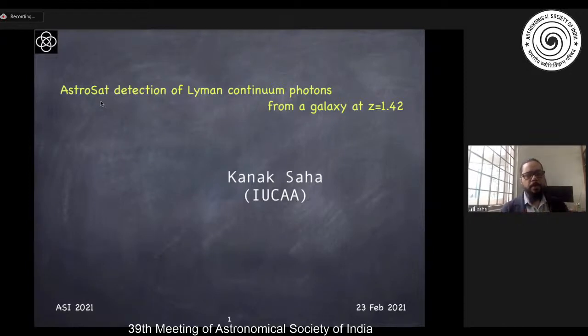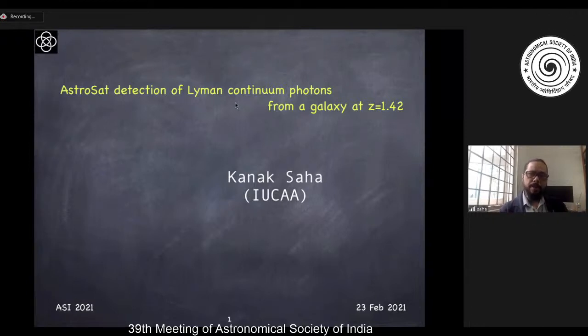In the first few parts of this talk, I will give the AstroSat observation and the analysis of the data, and then I'll try to motivate the subject, that is the detection of the Lyman continuum photons from a high redshift galaxy.